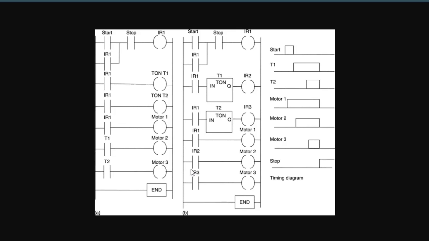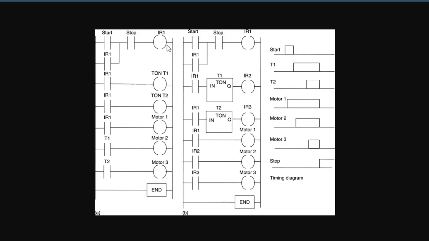Now IR1 is basically the internal utility relay that's not being directly accessed by us, but is being controlled by a start switch over here, and can even be controlled by other switches or ladder logics in your systems. But it's simply an intermediate output which is being used as a new input to further different circuits or components.